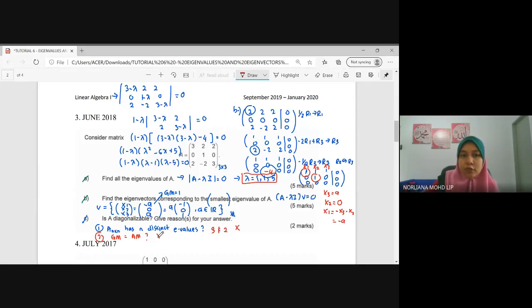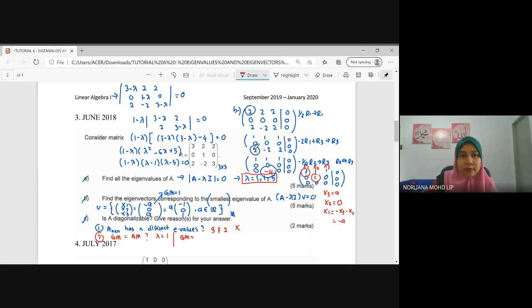Okay, for eigenvalues equal to 1, so GM dia equal to apa? GM we refer to the number of basis for lambda equal to 1.